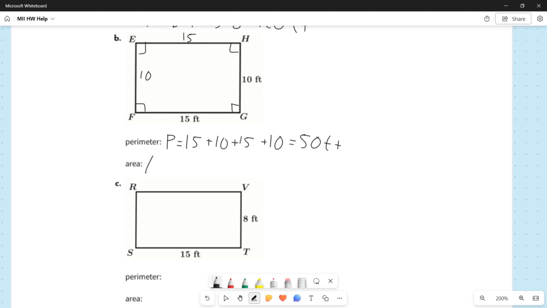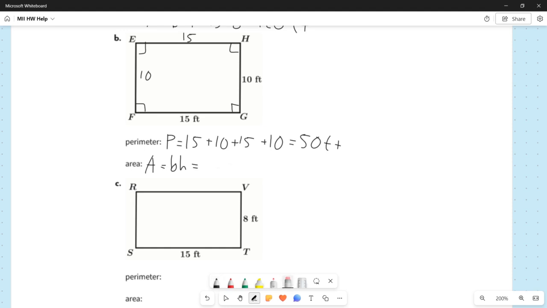For my area, the area of a rectangle is base times height, or length times width, right? You take your two perpendicular lengths and multiply them. So whether you want to think of that as base times height, or length times width, it doesn't really matter. Just try to be consistent. We'll just go with base times height.